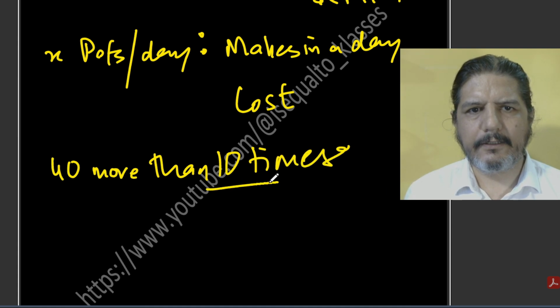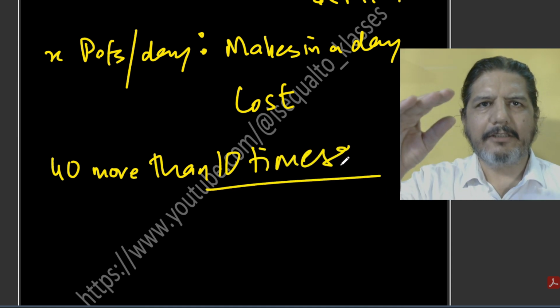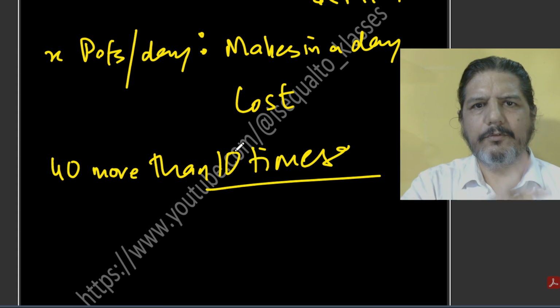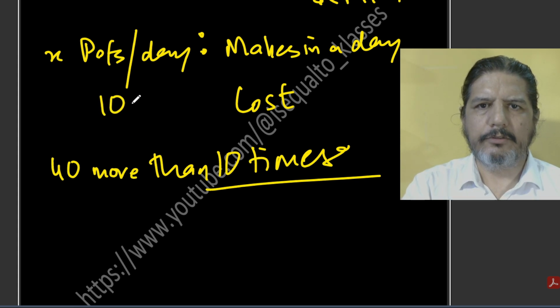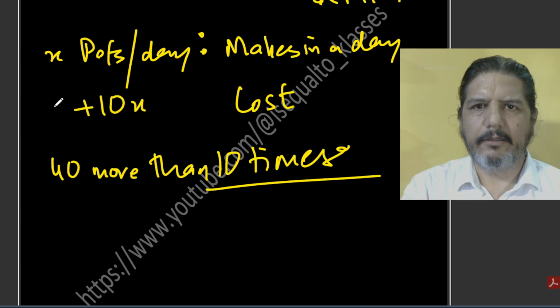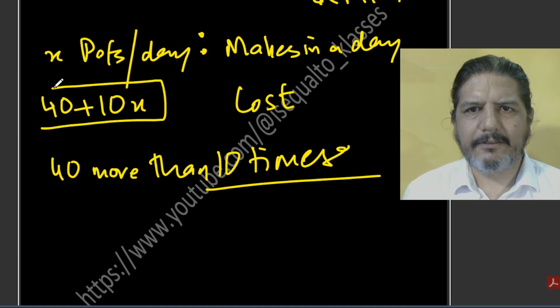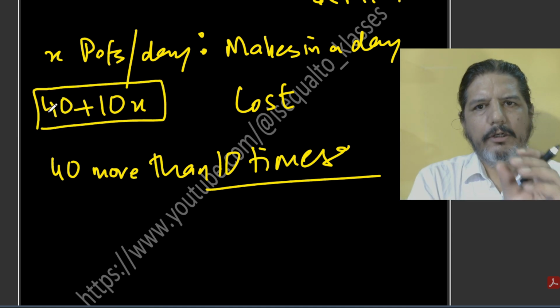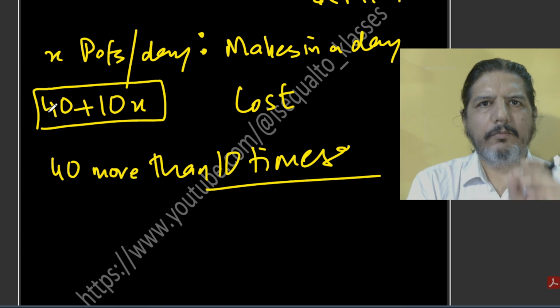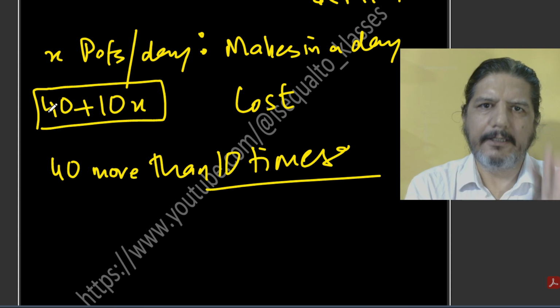So how we understand this is, see, he makes x pots per day. So 10 times of this would be 10x, and you add 40 more here. So 40 plus 10x implies 40 more than 10 times the number of pots that he makes in a day.